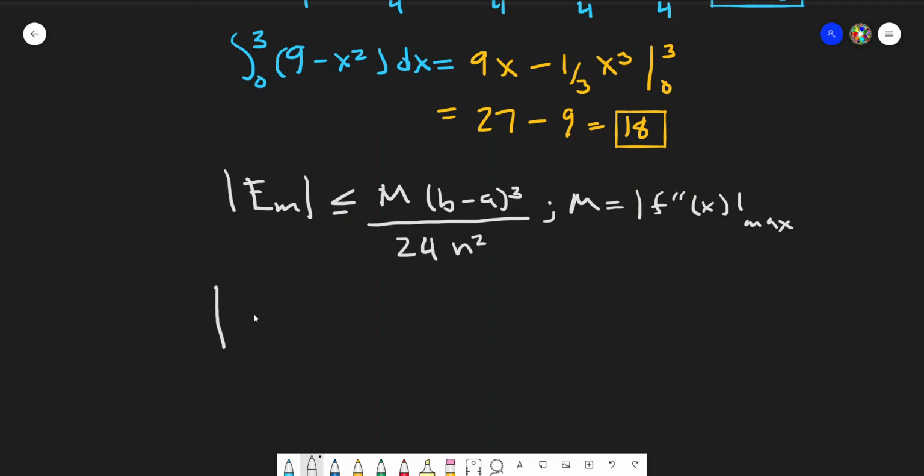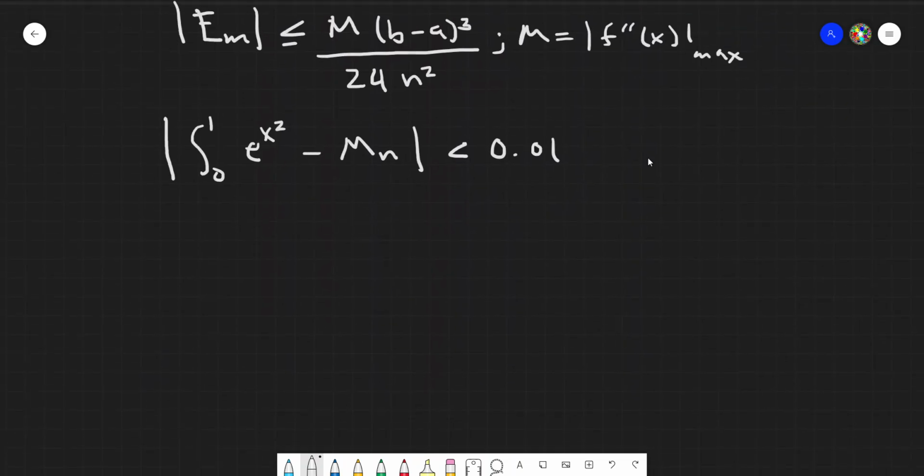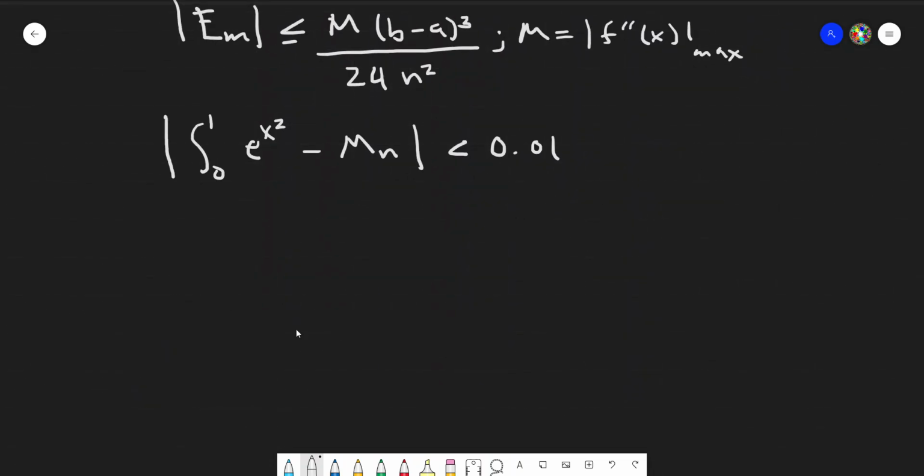If you were going to, for example, integrate from 0 to 1 of e to the x squared, minus some midpoint sum, and set the bound to be no bigger than 0.01, then by using this error formula, you're going to find that n has to equal 9 in order for the error to be no bigger than 0.01.